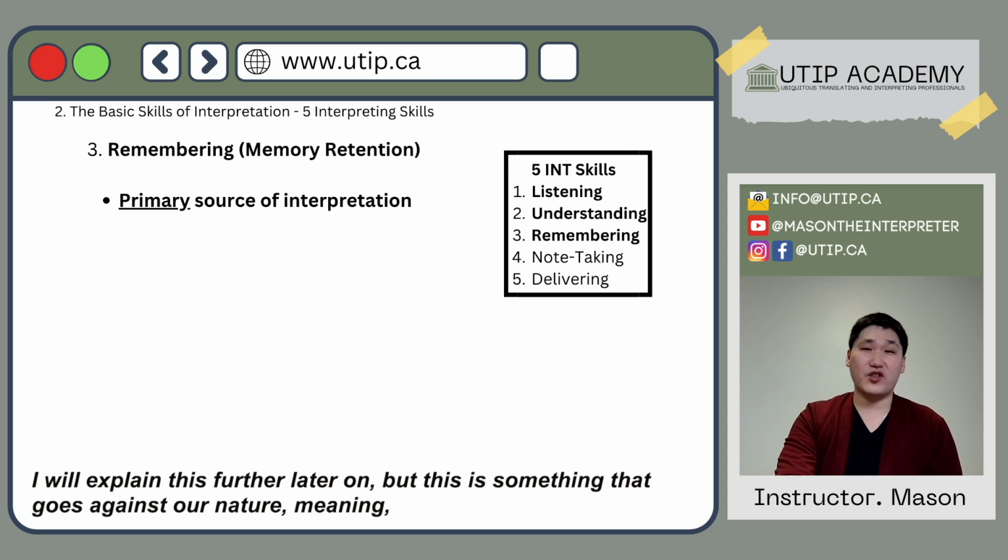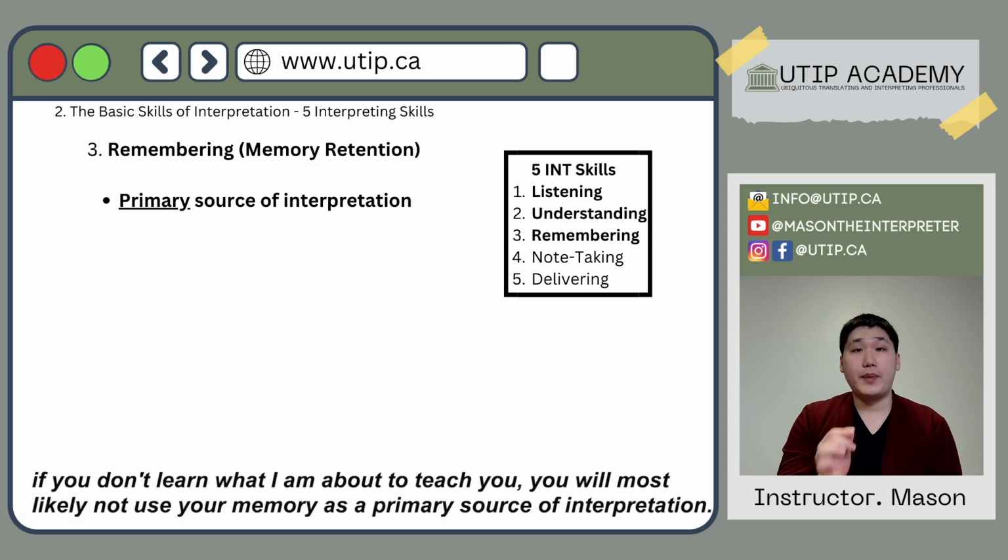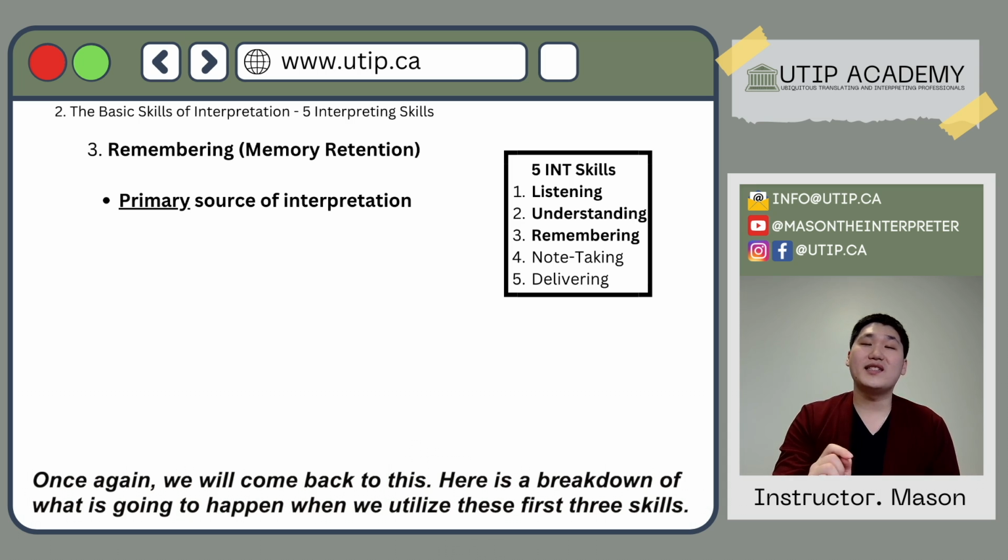I will explain this further later on, but this is something that goes against our nature, meaning if you don't learn what I'm about to teach you, you will most likely not use your memory as a primary source of interpretation. Once again, we will come back to this. Here is a breakdown of what is going to happen when we utilize these first 3 skills.